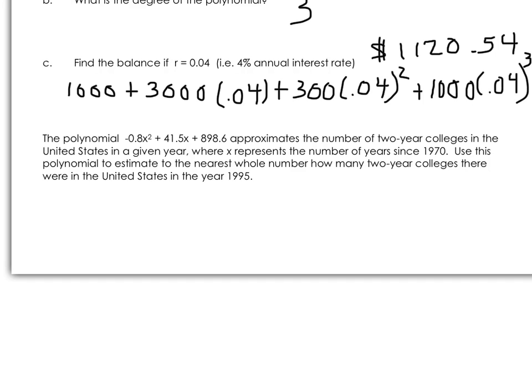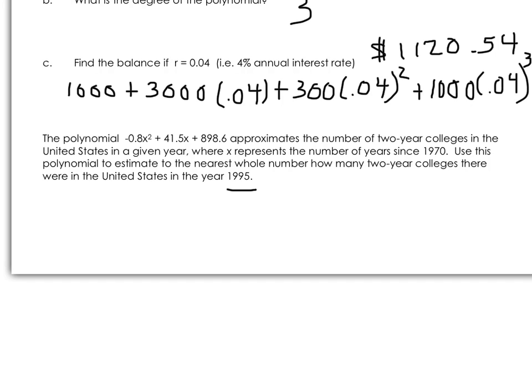The polynomial negative 0.8x squared plus 41.5x plus 898.6 approximates the number of two-year colleges in the United States in a given year, where x represents the number of years since 1970. Use this polynomial to estimate to the nearest whole number how many two-year colleges there were in the United States in the year 1995.